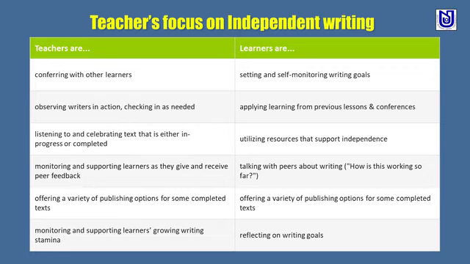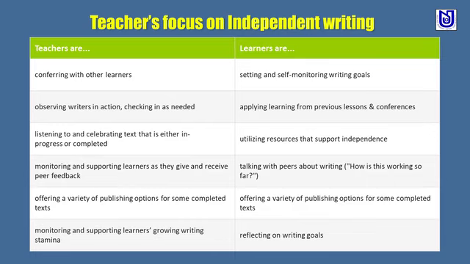You can make the writing functional by giving importance in your classroom situation, listening to and celebrating text that is either in progress or completed. With actions like these, teachers may help students develop into independent writers.